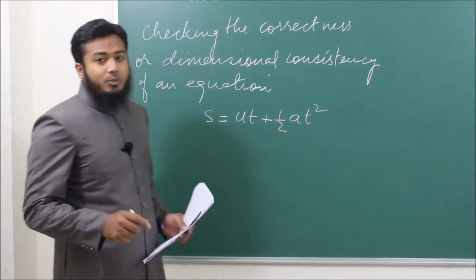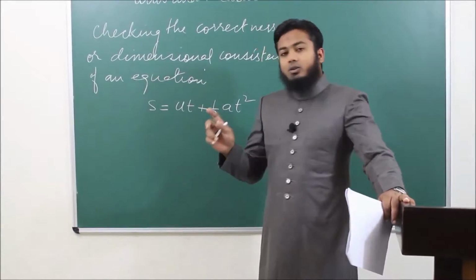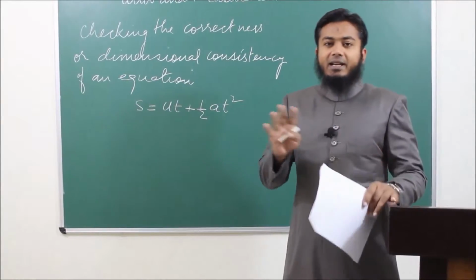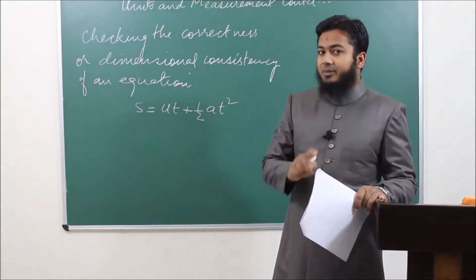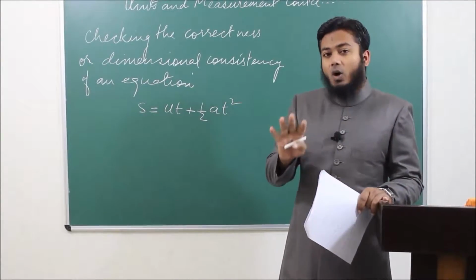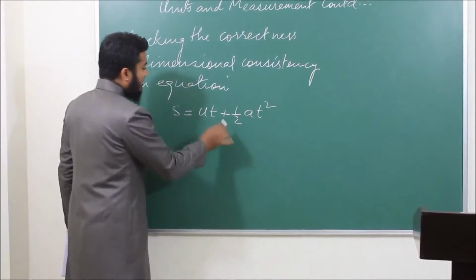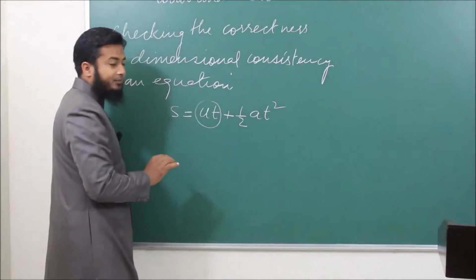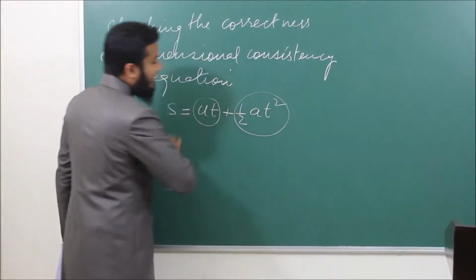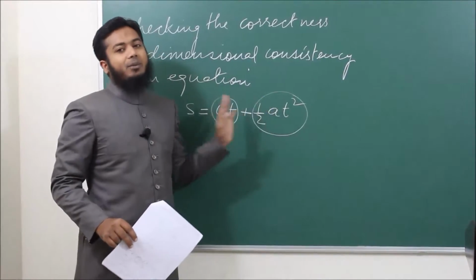Now, in the principle of homogeneity, we have seen that two quantities that are being added or subtracted must have the same dimensions. Same type of quantities can be added, subtracted, or compared. You can see there are two terms in this equation, one is ut and the other is half at square. These two terms must be dimensionally the same.